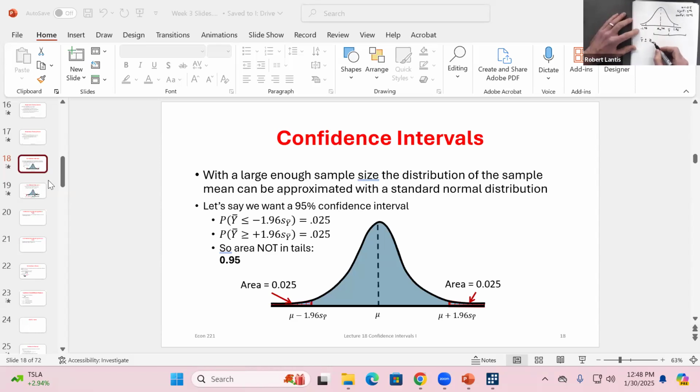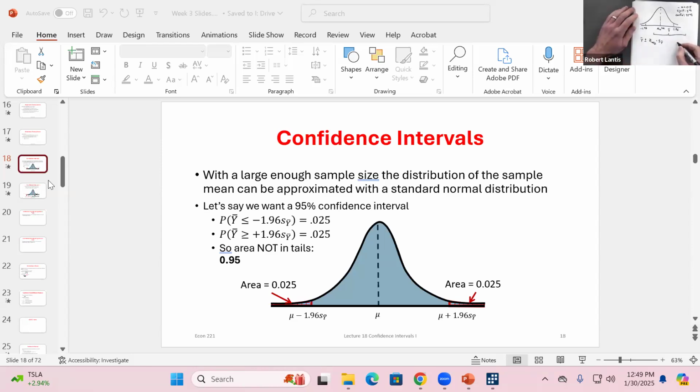It's whatever z value, or number of standard deviations, gives us alpha over 2 in the tail. That's going to be the same value from the standard normal every single time. Right? So we're going to see 1.96 pop up every single time we have an alpha of 0.05. We're then going to multiply that by the standard deviation of the sample statistic we're looking at.